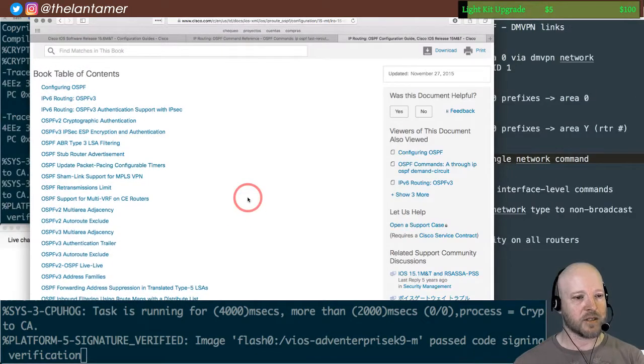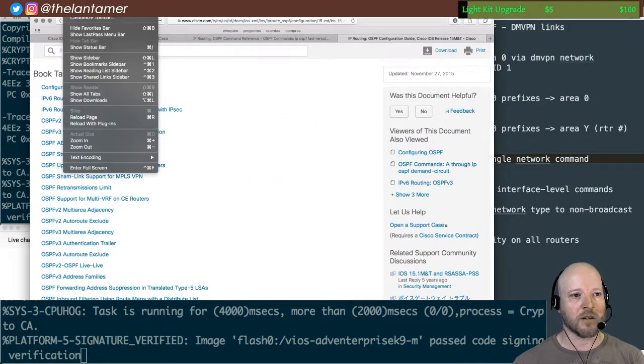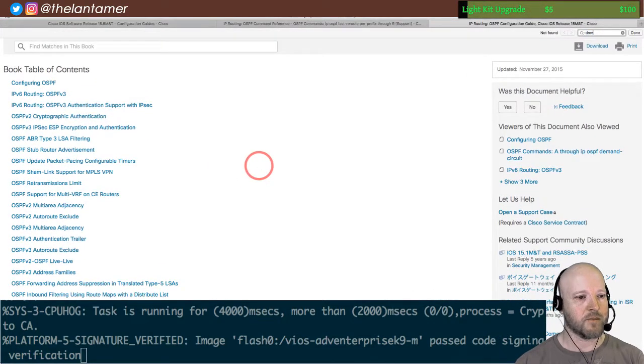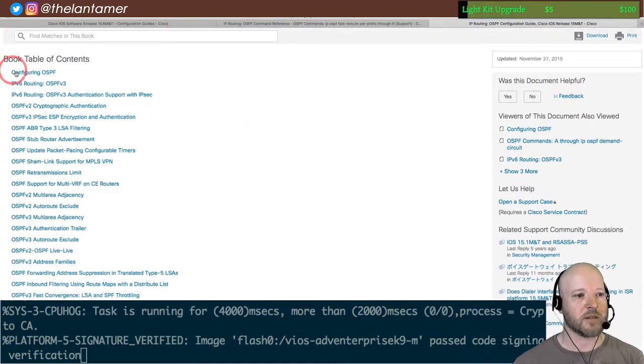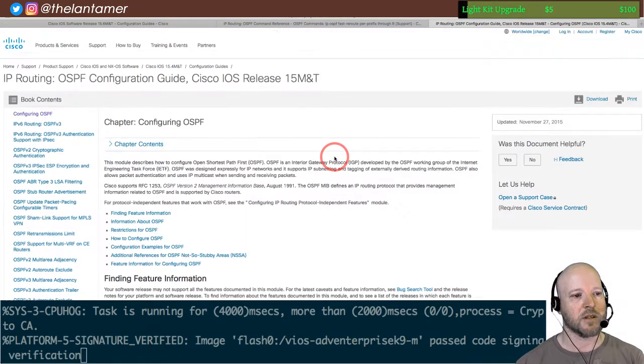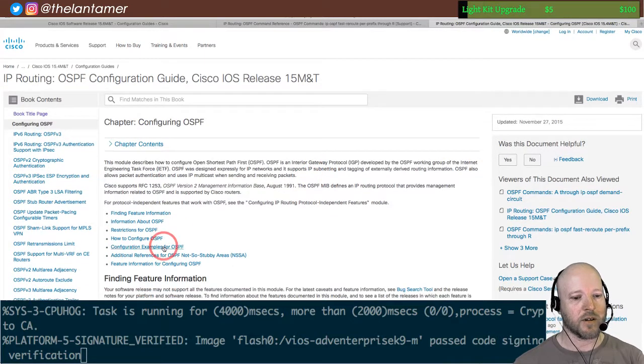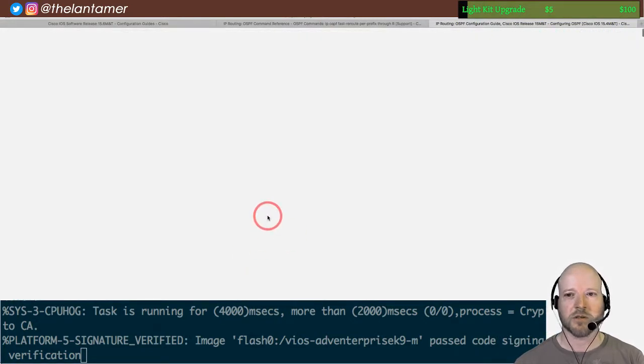I think I saw a configuration guide on DMVPN. Maybe not. Configuring OSPF, configuration examples.